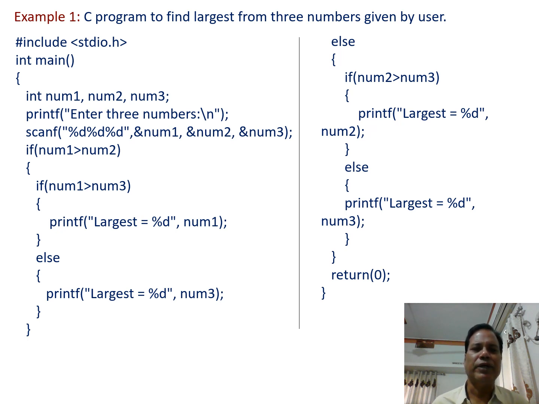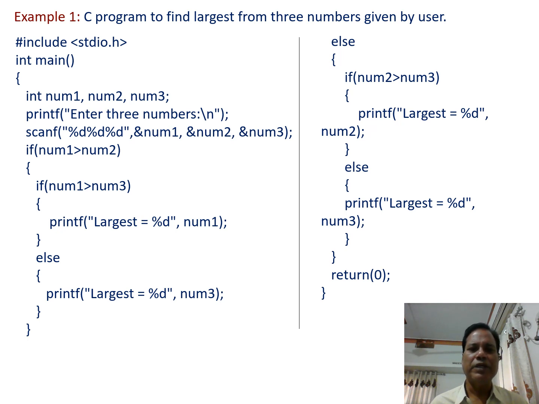So in this way, first we test whether num1 is greater than num2, and then, this condition being true, we check whether num1 is greater than num3. If it is greater than num3, then we print that num1 is the largest, otherwise num3 is the largest.